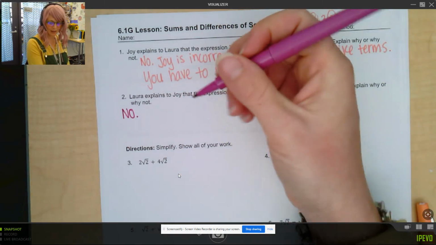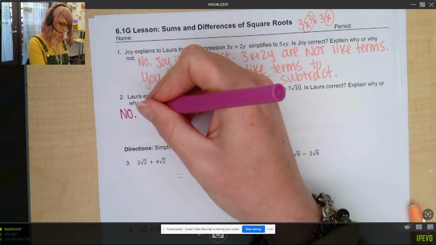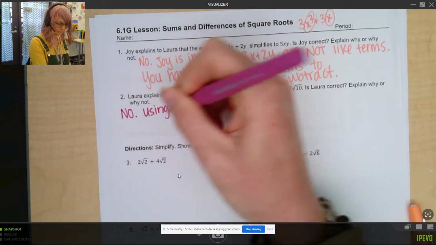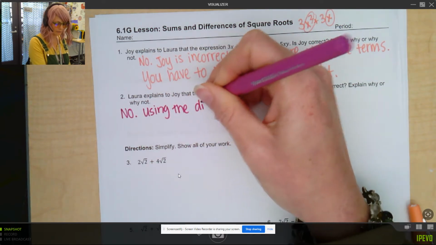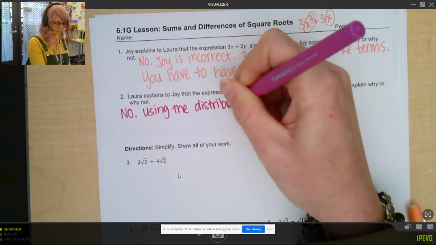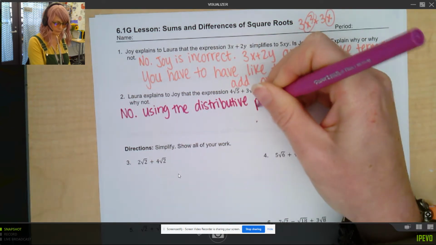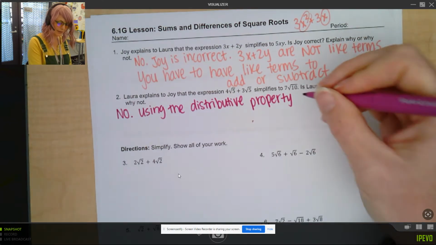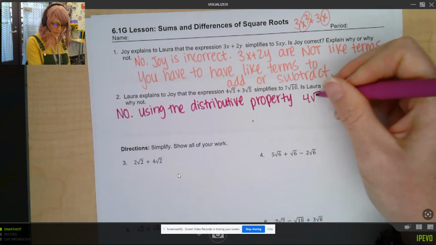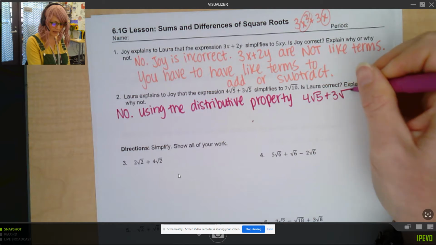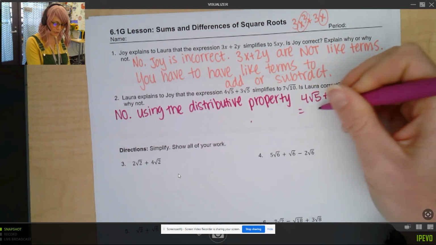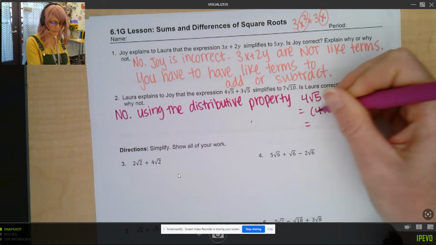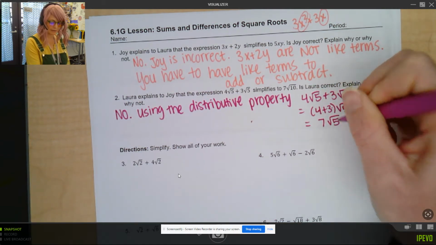No. Using the distributive property, or you can think about this as like terms, 4 root 5 plus 3 root 5s is equal to 4 plus 3 root 5s, which is equal to 4 plus 3, which is 7 root 5s.